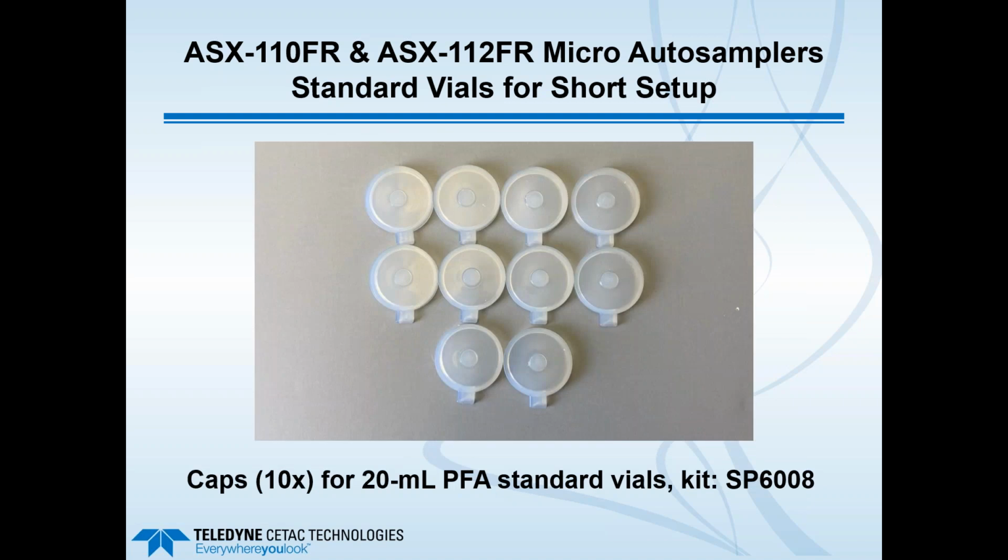A very useful little sub-accessory to the vials are these caps, and these caps are made of PFA and do snap onto the top of the vials. These have proved popular because it's not uncommon for users to make standards in the vials or also mix standard addition spikes in these vials, and the caps are very convenient for doing that.